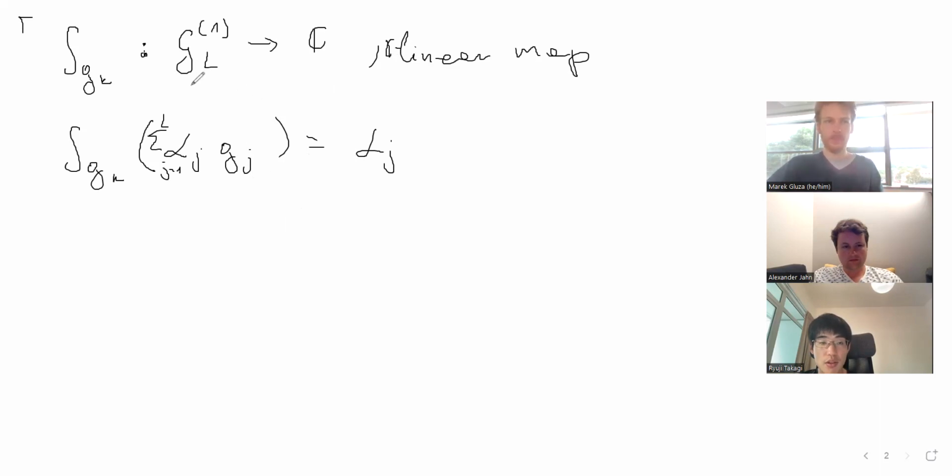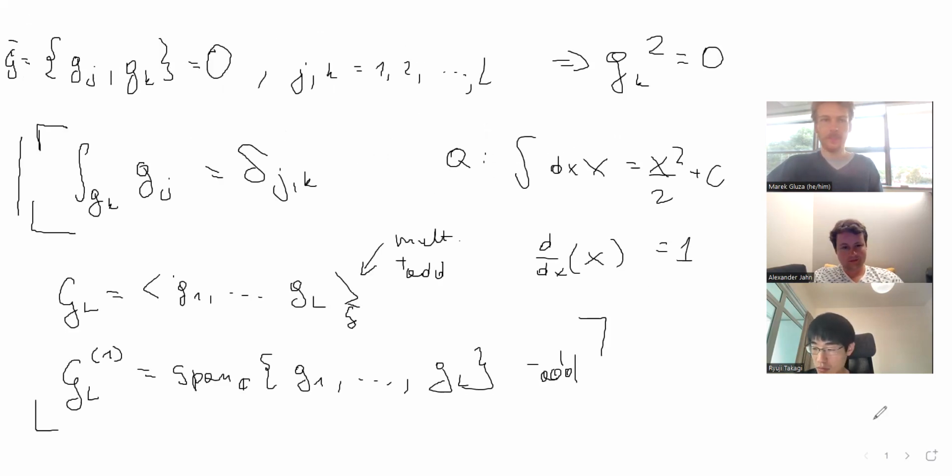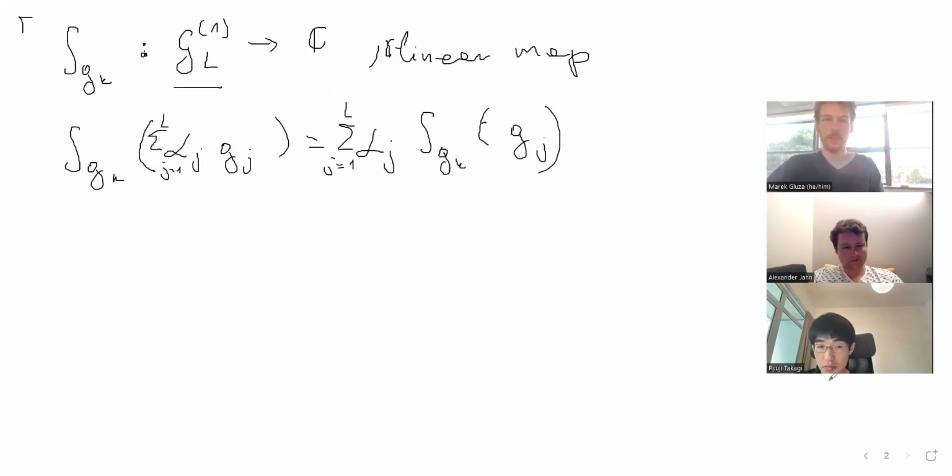But first of all, it will be a map. And for now, I'm starting from this linear vector space of generators. And now I have here g_k, and what I'm integrating is g_j. And then I need to sum it over j from 1 until L. And this, as I was saying before, is defined to be the Kronecker delta. So what it gives me is alpha_k. The dummy index goes away.